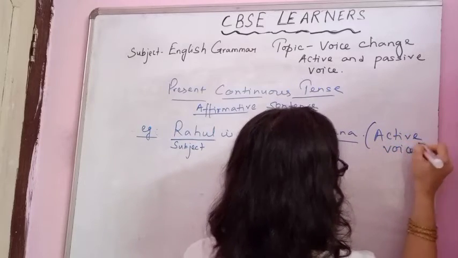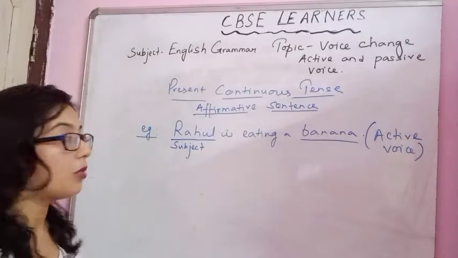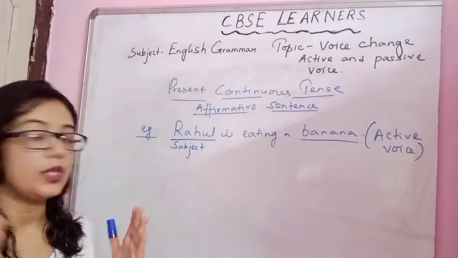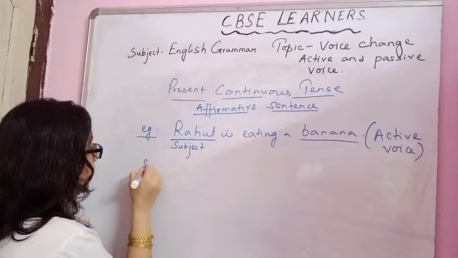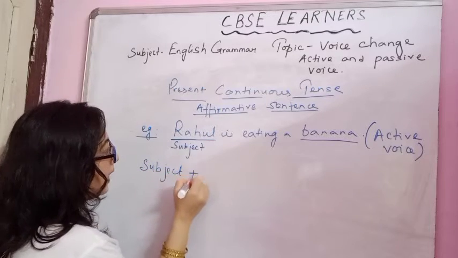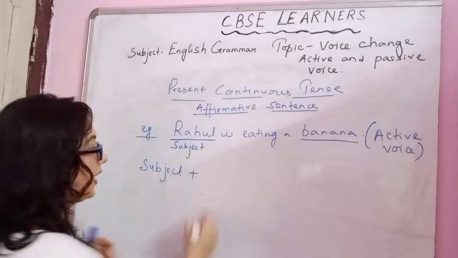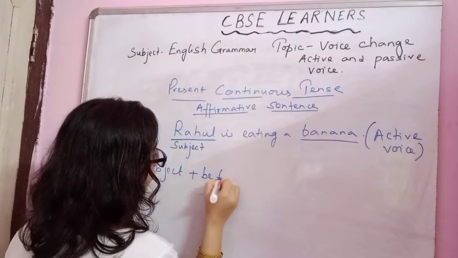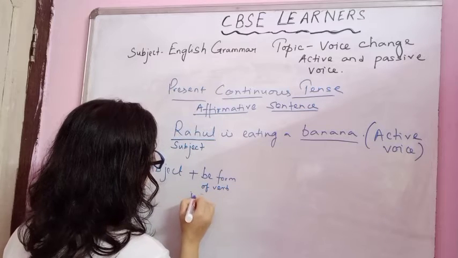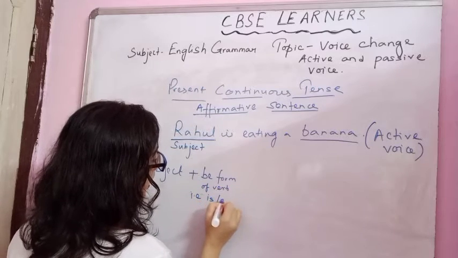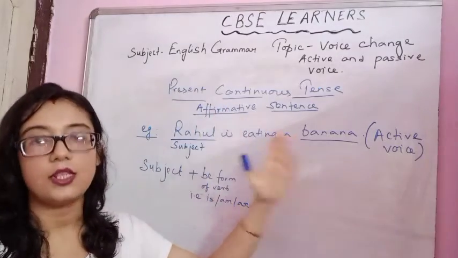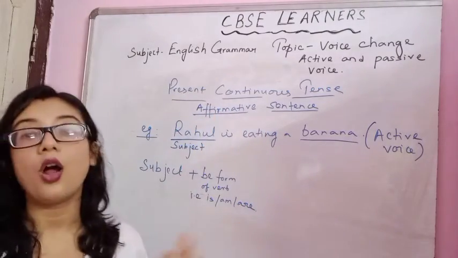Active voice. Now let's construct the formula of active voice in case of present continuous tense. First thing that will come is the subject plus the be form of verb, that is is, am or are. Because this is in present tense, we are using is, am or are.